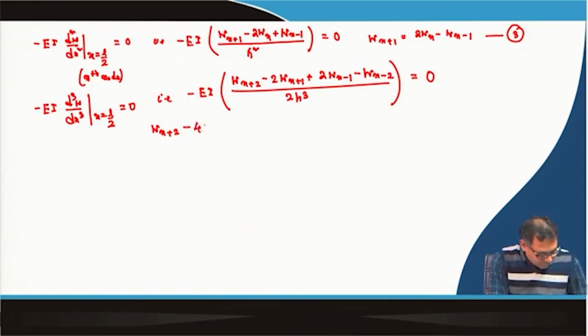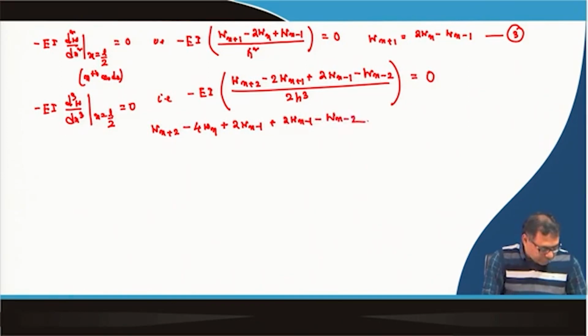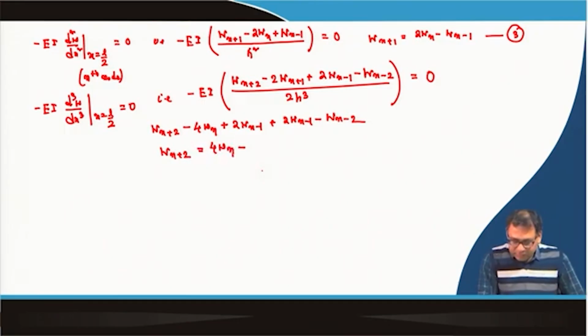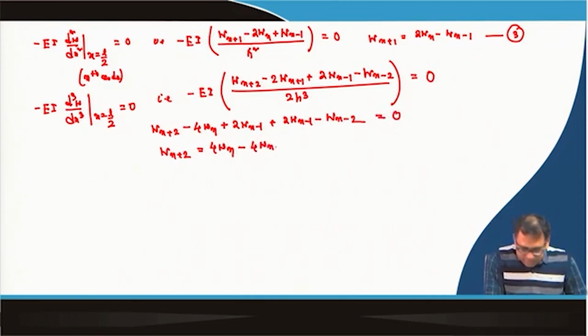So, this will be 4 w n, then minus minus plus 2 w n minus 1, then plus 2 w n minus 1 minus w n minus 2. So, w n plus 2, because this is another imaginary node, this will be 4 w n, then minus this 4 w n, and this is equal to 0. This will be minus 4 w n minus 1 plus w n minus 2. So, this is my fourth condition.